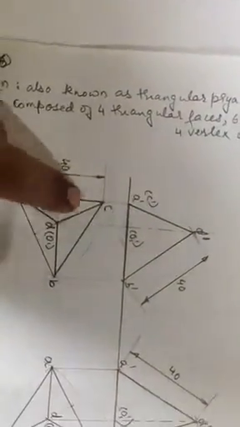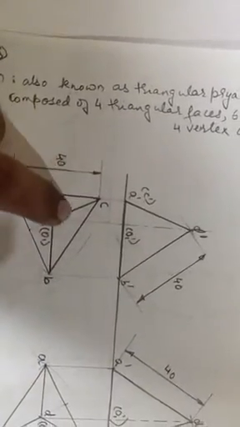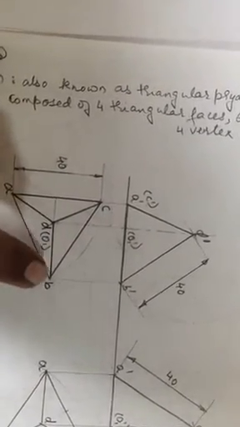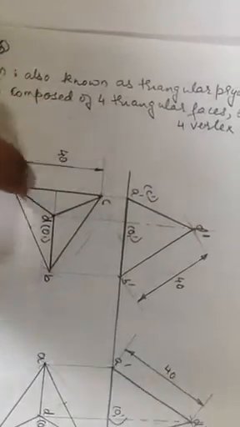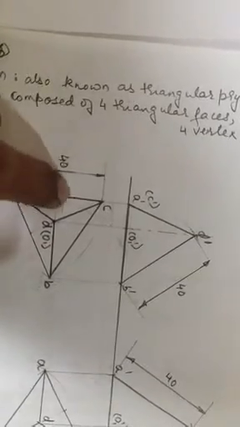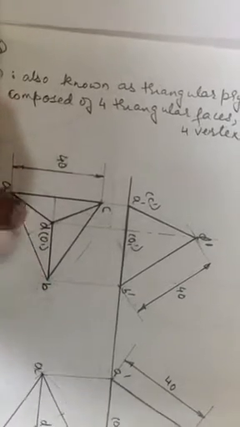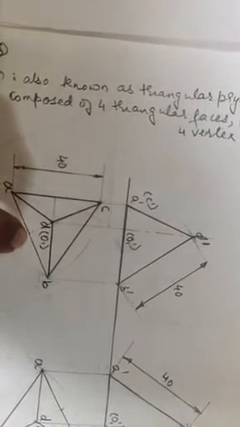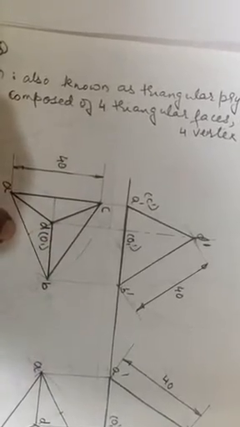Now how to get the other 3 faces? One triangle you have drawn, another 3 slant triangles. Now how are you going to get them? Very simple. You draw perpendicular bisectors here. This length is 40 mm. Mark 20 mm here. Draw a line. Similarly, divide this into halves with a perpendicular bisector, 20 mm this side, 20 mm this side. You get the other part.